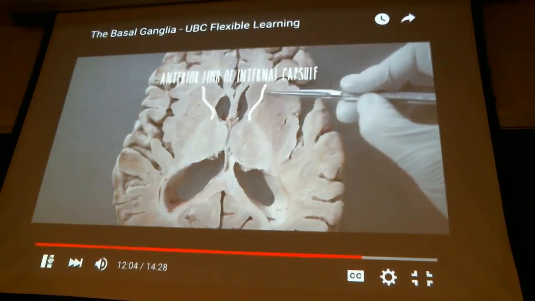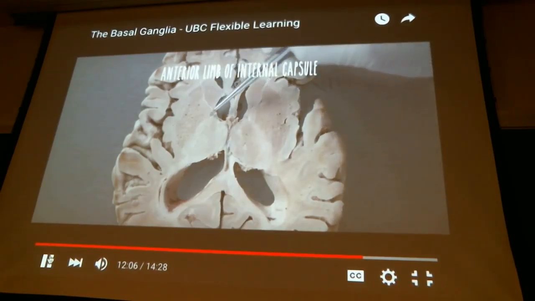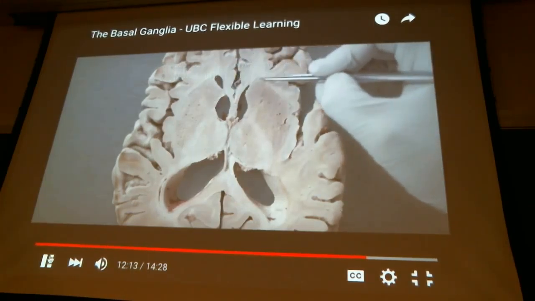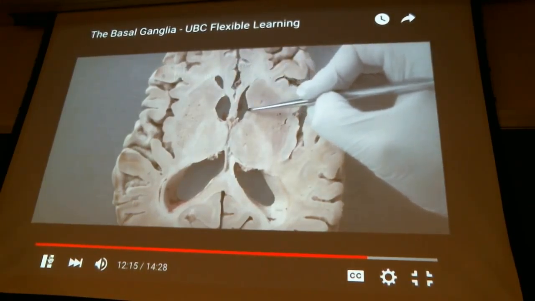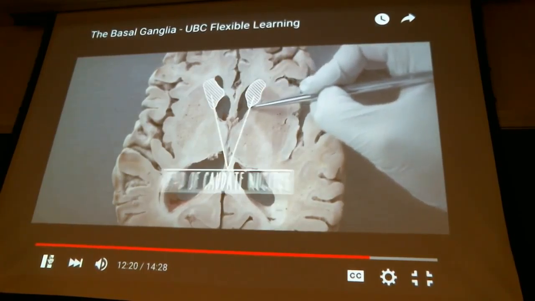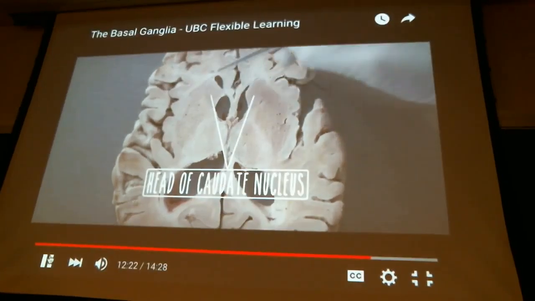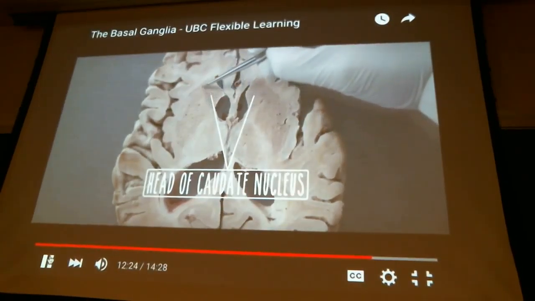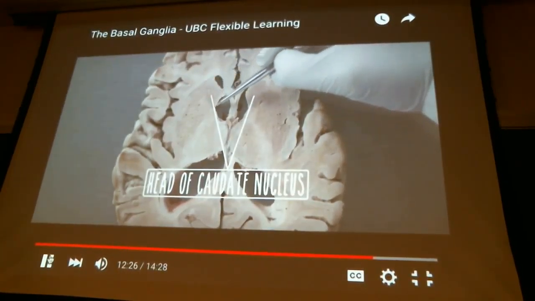So here's the anterior limb of the internal capsule, and here's the anterior limb on the other side. This here, in the floor of the anterior horn of the lateral ventricle, is the head of the caudate nucleus. Here's the head of the caudate nucleus on the other side.